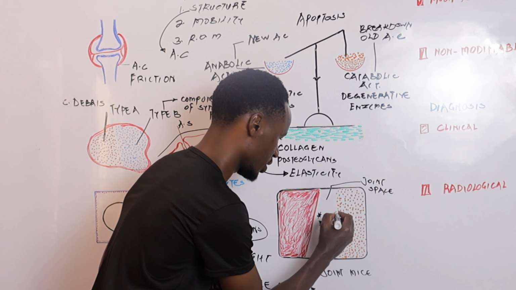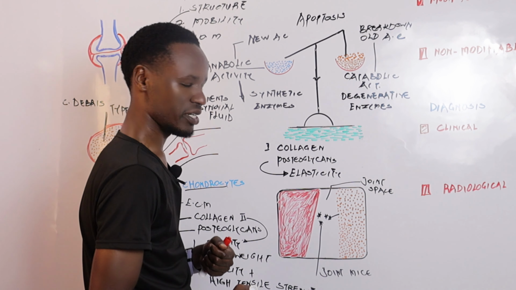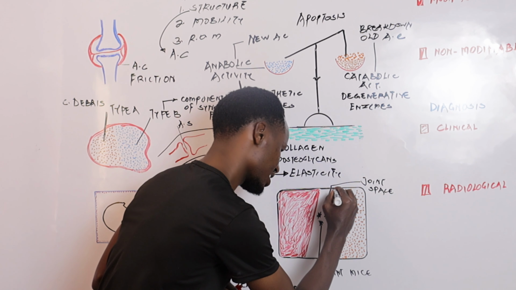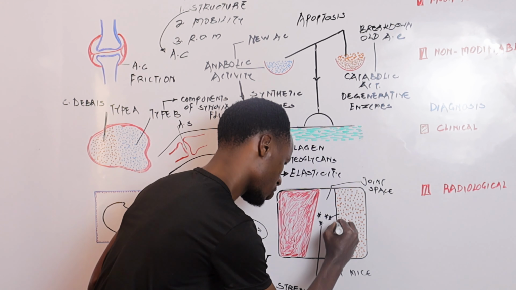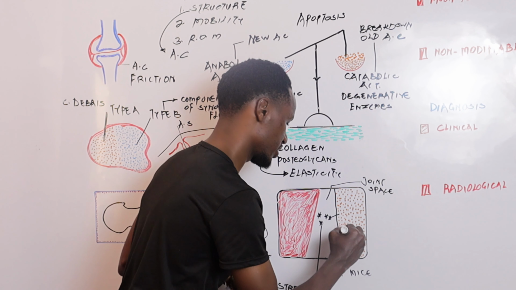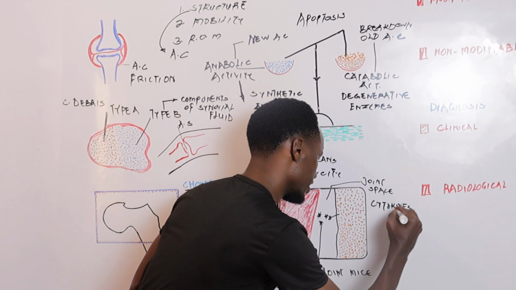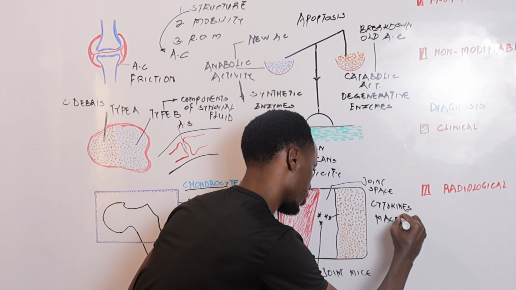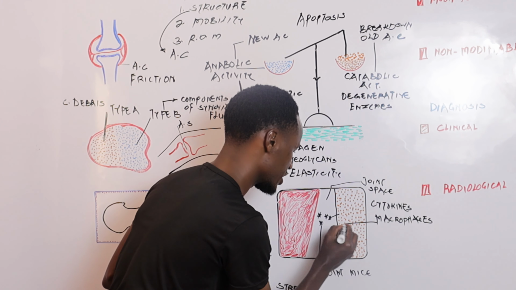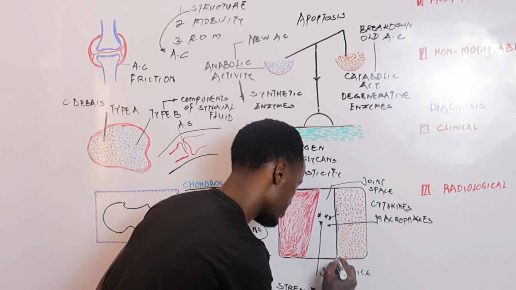Well, the job of type A cells of the articular cartilage is to fight off any cellular debris. Obviously, they could be trying to attack these joint mice that are falling off inside the joint space, but they are unable. Why? Because right here, there is something that is called a synovial membrane, and the pro-inflammatories like the cytokines and the macrophages, if they try to attack these joint mice, they are blocked by this synovial membrane.